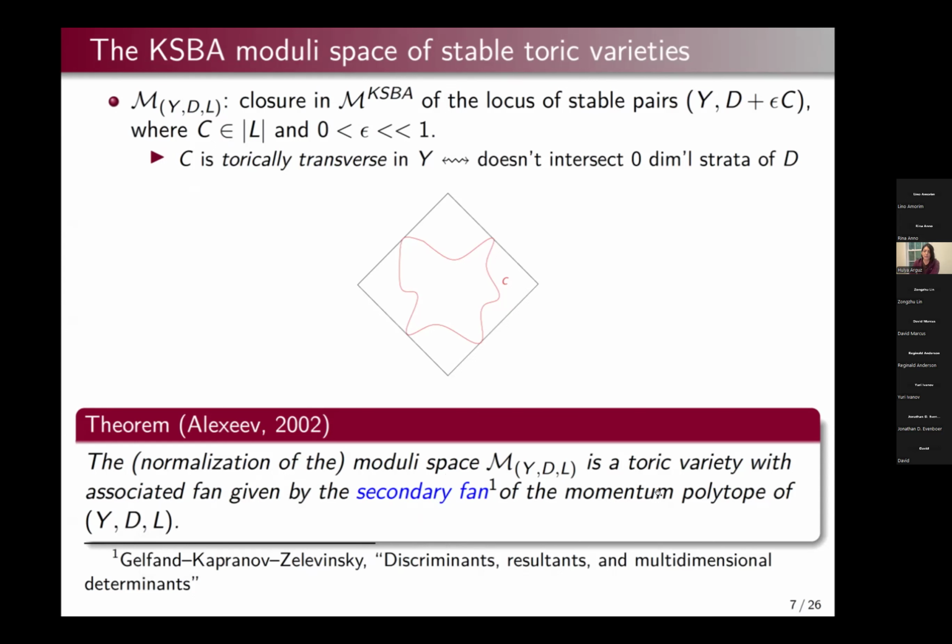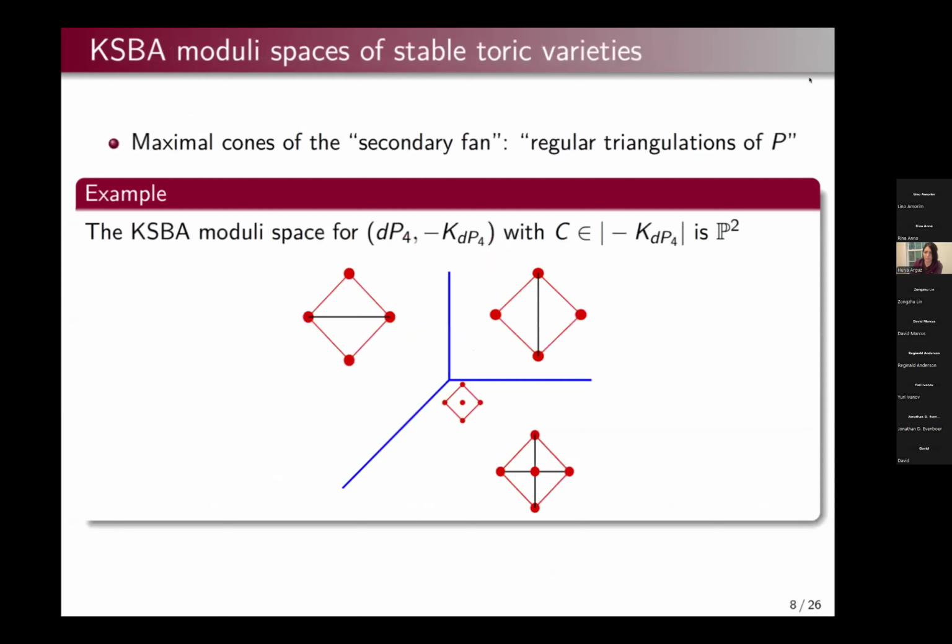So whenever you have a polytope of a toric variety, there's the dual fan, but there's another fan you can associate to a polytope. It's called the secondary fan. It's also sometimes called the GKZ fan because it's defined by Gelfand, Kapranov, and Zelevinsky in this book. And roughly, it's a fan whose maximal cones are in correspondence with regular triangulations of your polytope.